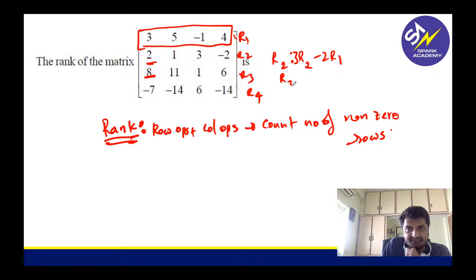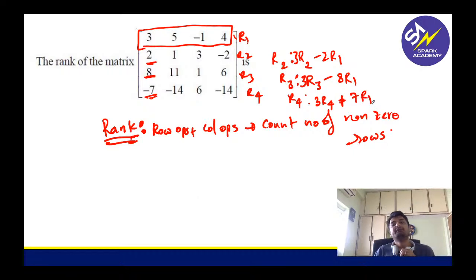For R3, I will do 3R3 minus 8R1, and for R4, I'll get 3R4 plus 7R1, right? If you do this, these elements will become 0.